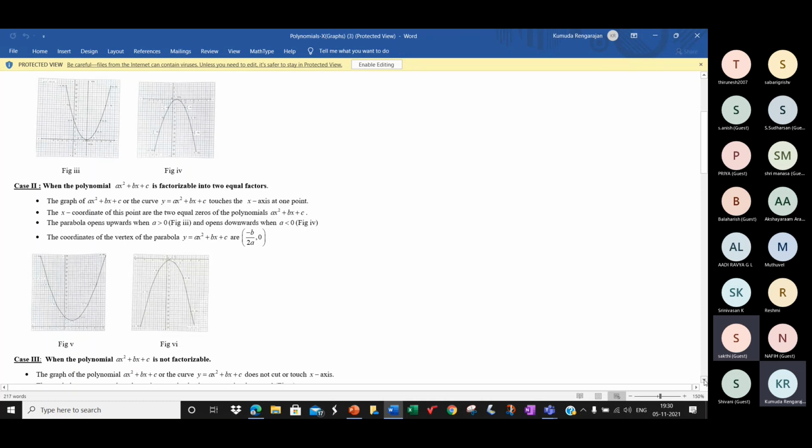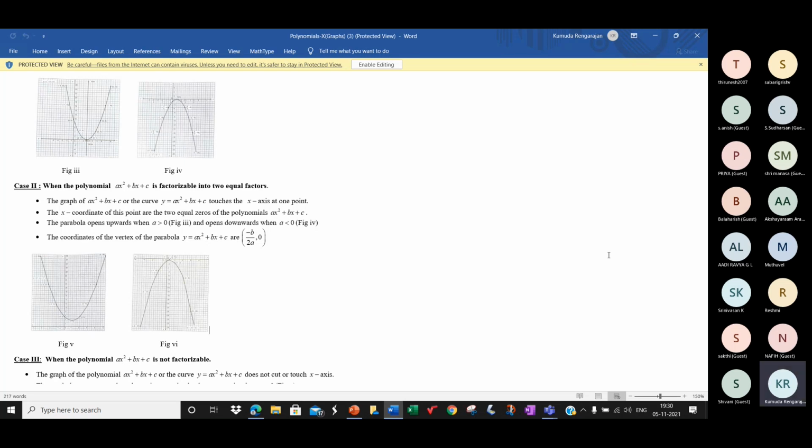This is case 2, where the polynomial is factorizable into 2 equal factors. Like we say only 1 zero, no? 1 zero meaning 2 equal factors, 2 equal zeros. Like the two linear factors may be x minus 3 into x minus 3, or x plus 1, x plus 1.